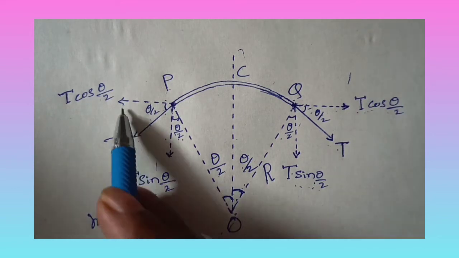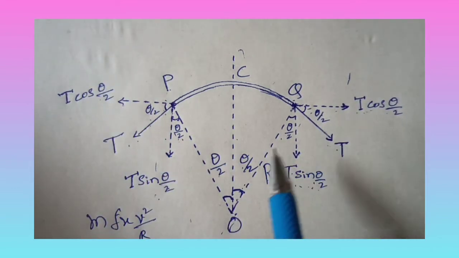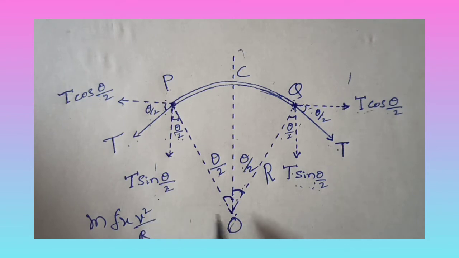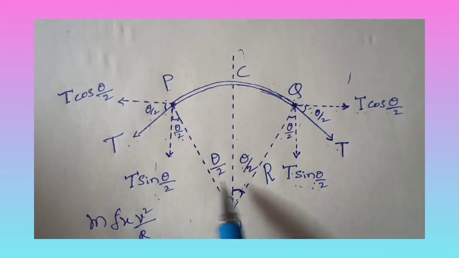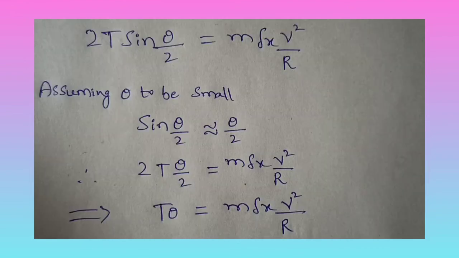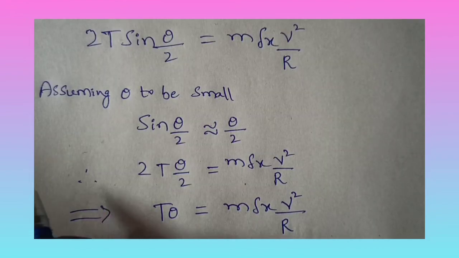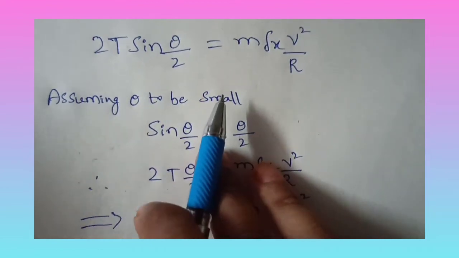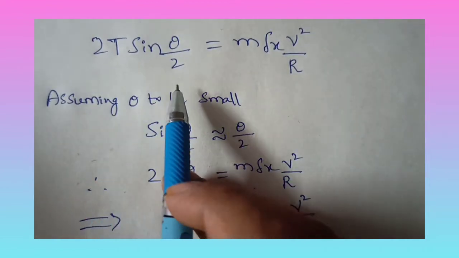Now, as the two horizontal components get cancelled, what remains are T sine theta by 2 and T sine theta by 2, and we have to add these two terms, and that becomes 2T sine theta by 2.